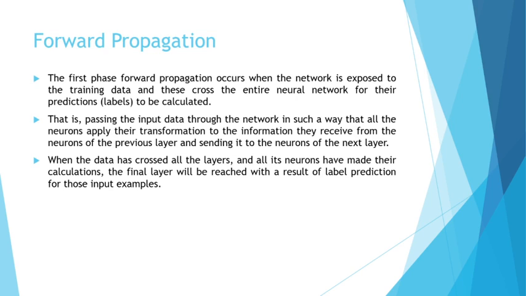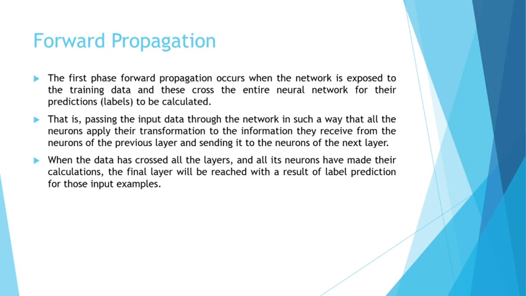So that is the passing of the input data through the network in such a way that all the neurons apply transformations to the information they receive from the neurons of the previous layer, and send it to the neurons of the next layer, right?